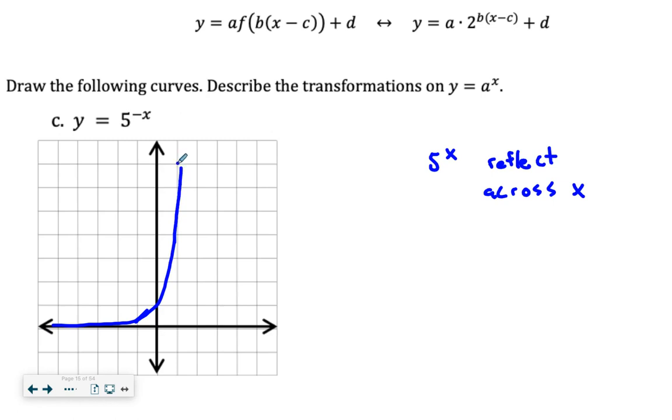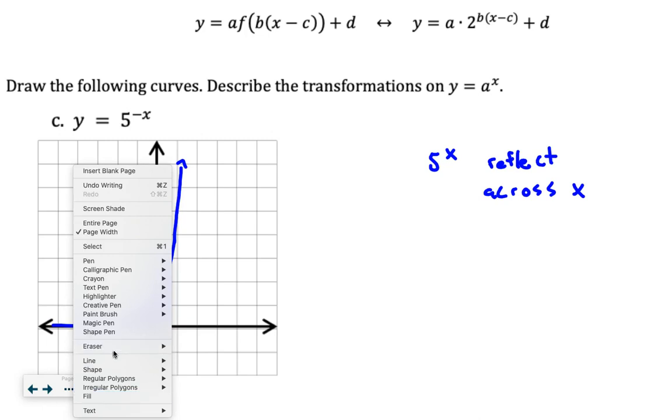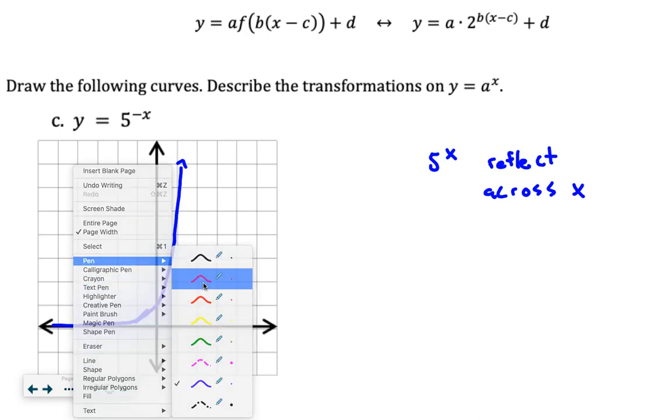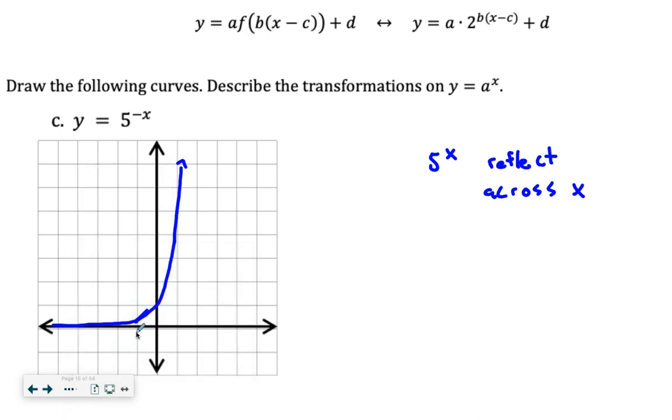So 5 to the negative x then would be this graph reflected across the x-axis. So that would end up being here and would go real steep here. I should have put my axes up a little further. So 5 to the negative x would look something like that.